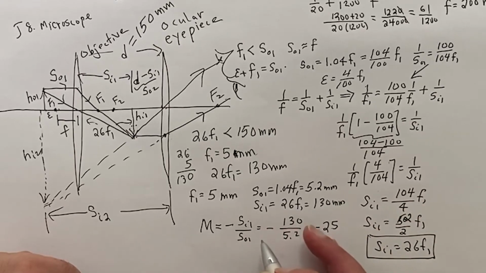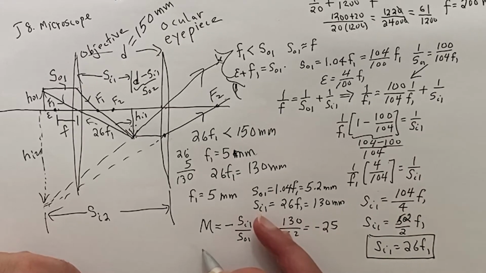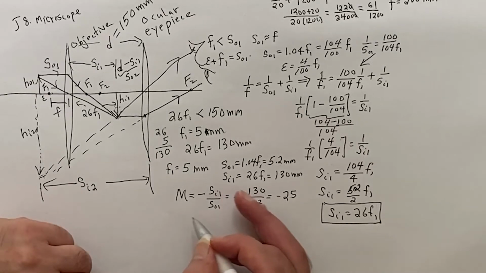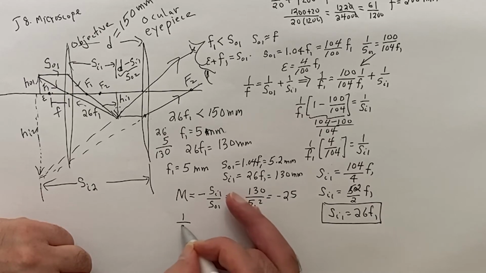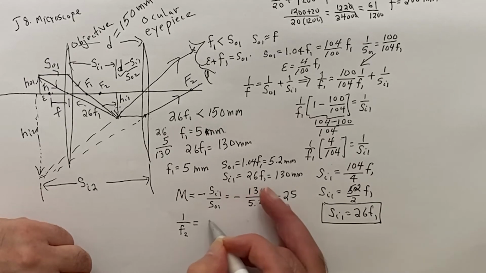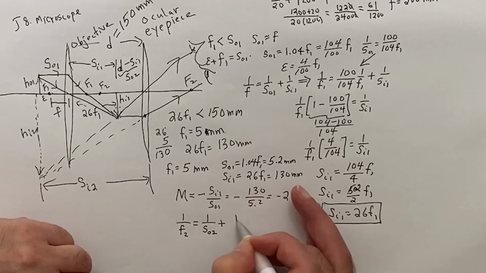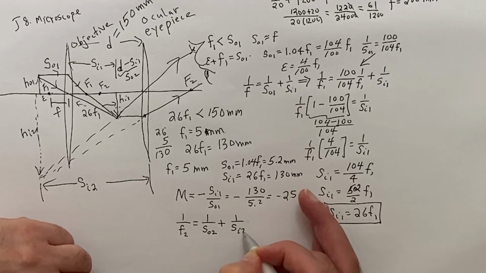Now we're ready to set up the next problem, where we're going to figure out what happens with the ocular when the ocular kicks in. So that's going to be this formula: 1 over f2 is 1 over s object 2 plus 1 over image 2.